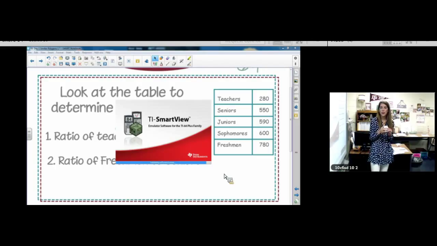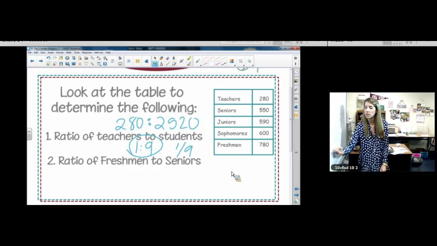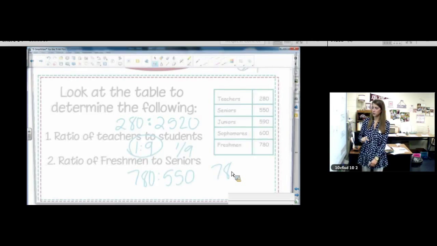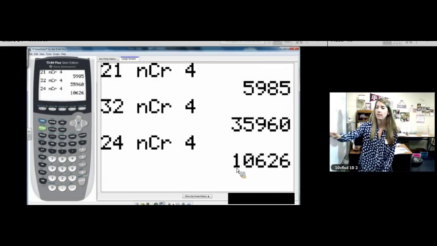Raekwon, what did you get for the ratio of freshmen to seniors? 78 to 55. So there's 780 freshmen. And, ooh, some people must have moved on. Only 550 seniors. So, totally reduced, we're getting 78 to 55.